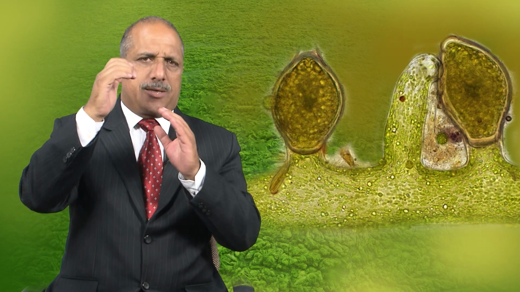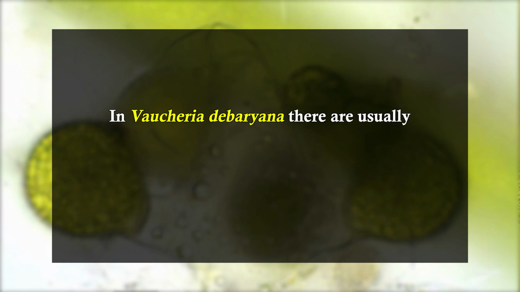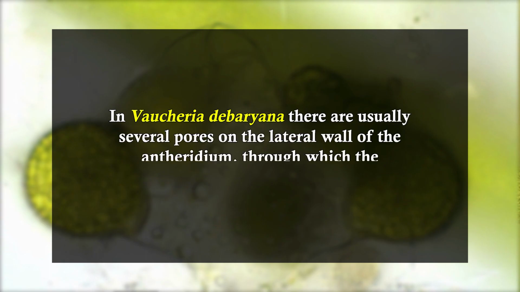They are liberated through an aperture at the anterior end of the antheridium. In Vaucheria debariana, there are usually several pores on the lateral wall of the antheridium through which antherozoids are liberated.